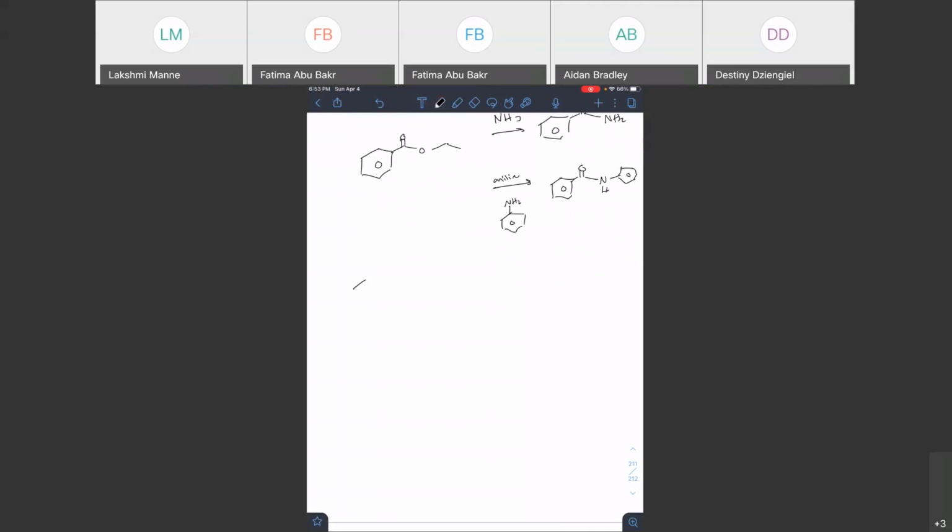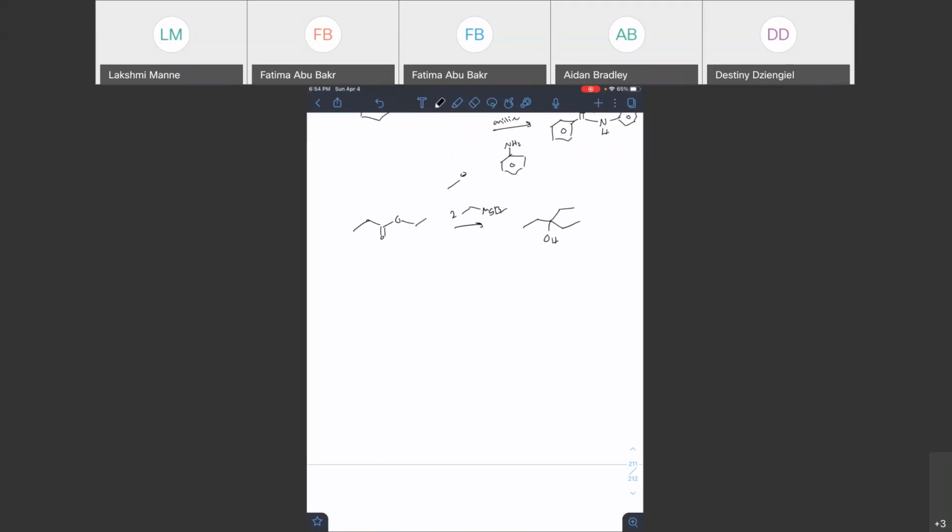So this first one is like this, and you're reacting it with 2 of these. So essentially all you have to do is attack those. This is literally the same thing as this. Just attack that on twice. So essentially what you're going to get is one of them, and then an OH, okay? And then after that we have, what does LAH do?